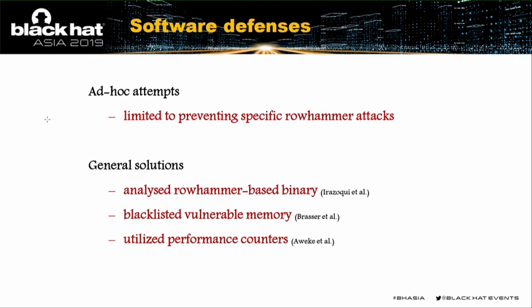But these solutions are primarily limited to preventing specific rowhammer attacks, which utilize certain system features, such as the page map. The page map is used to translate a virtual address to a physical address. But this interface has already been disabled for unprivileged users. And the page map is used to facilitate the double-sided rowhammer. So we focus more on the general solutions.